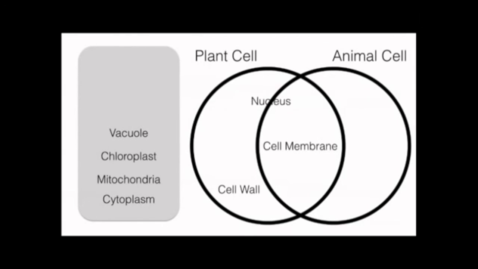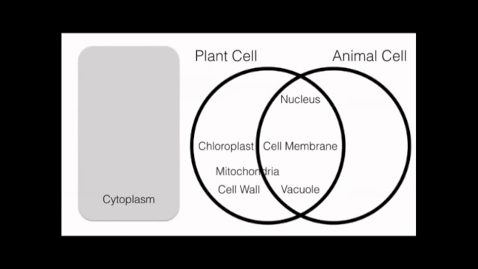Both plant and animal cells have a cell membrane. However, there's only a cell wall in plant cells. A nucleus can be found in both plant and animal cells along with a vacuole. Chloroplasts are only found in plant cells. Cytoplasm and mitochondria are in both plant and animal cells.